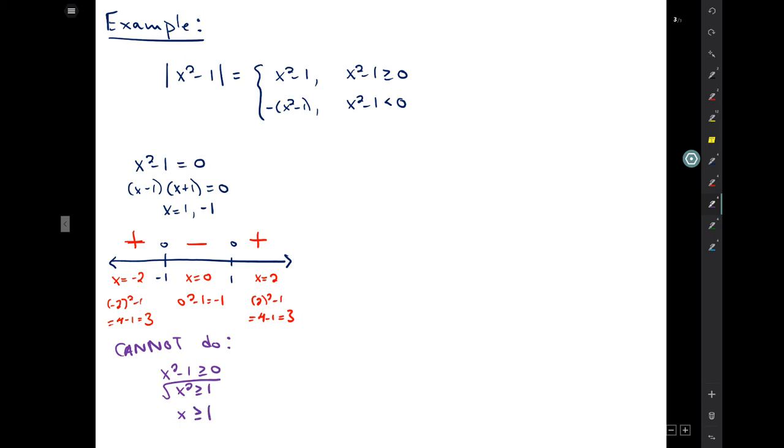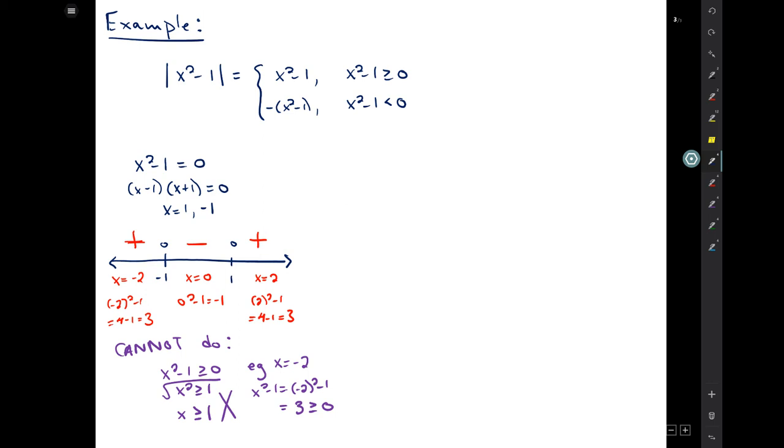I can't do that because, for example, we can see when x is equal to minus 2, as we saw before, x squared minus 1 is minus 2 squared minus 1, which is 3, which is greater than or equal to 0. So we can see that this method doesn't work. So again, I like this number line method.